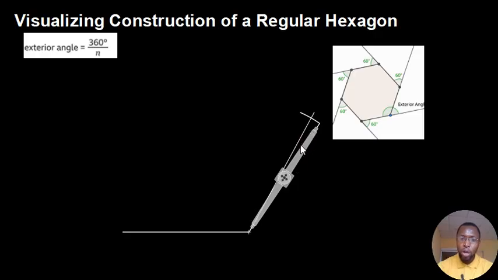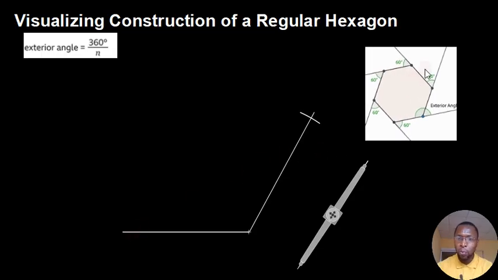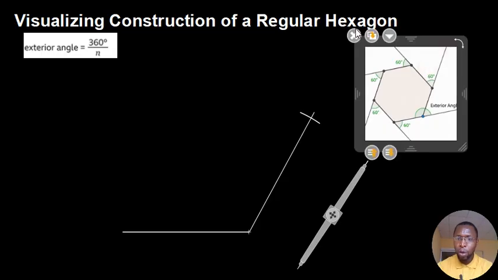So this is showing that this is the length here. The length from this point to this point is the same as the length from this point to this point.